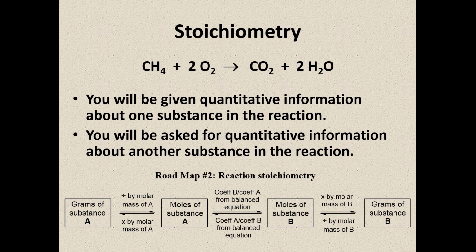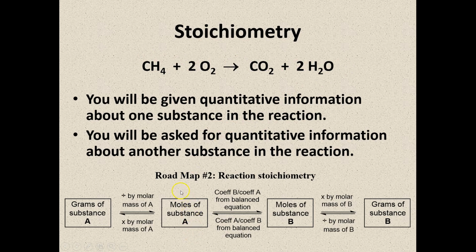And so to do this, we're going to use roadmap number 2. Whatever substance we're given information about, we're just simply going to define that substance as being substance A. It could be a reactant, it could be a product.